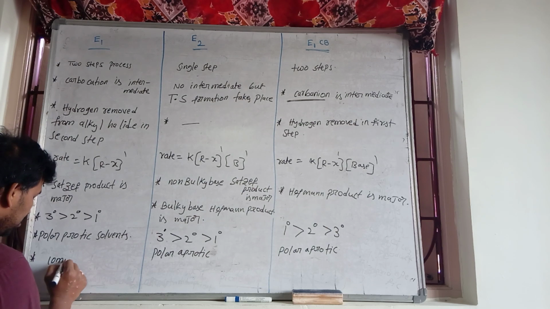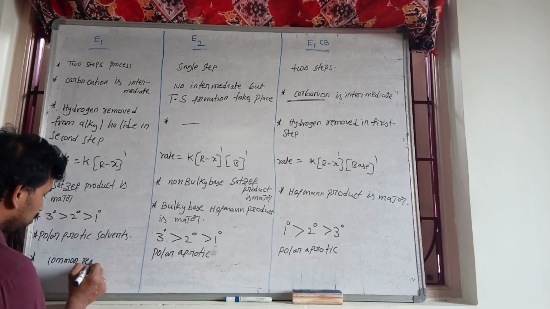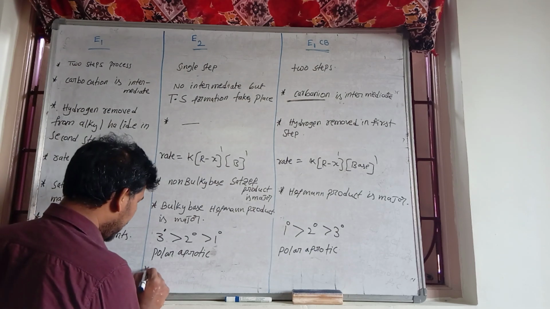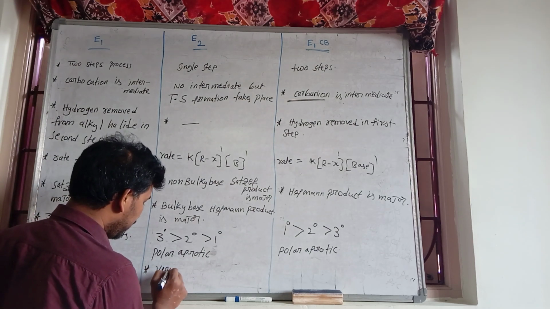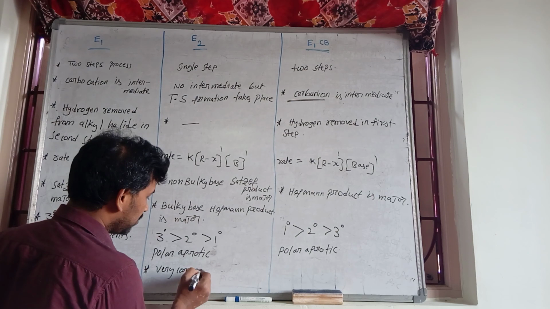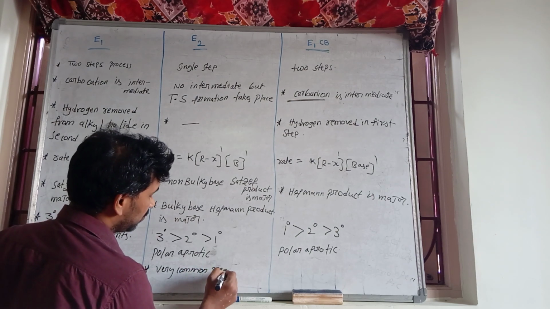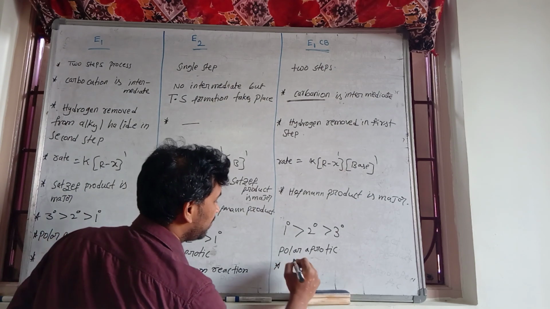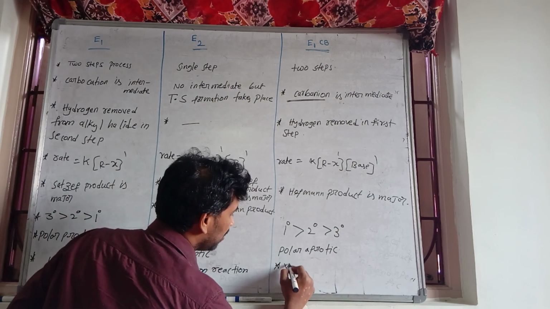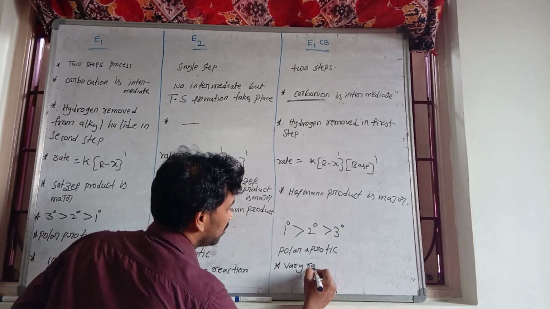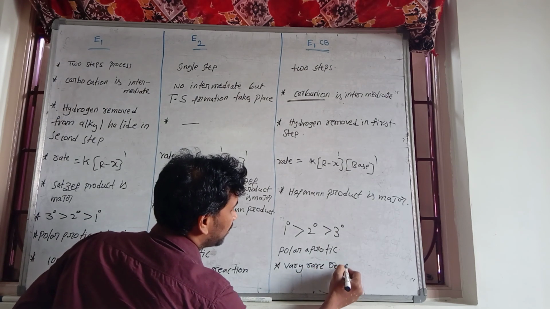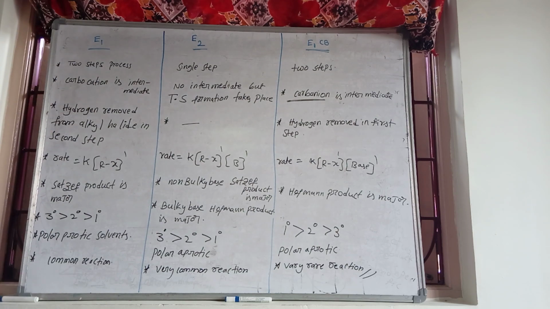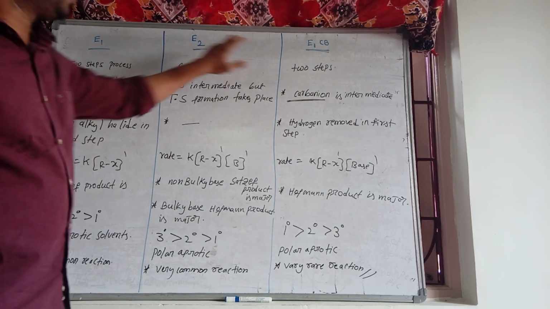E2 is a very common reaction. E1CB is a very rare reaction. This is about the differences between E1, E2, and E1CB.